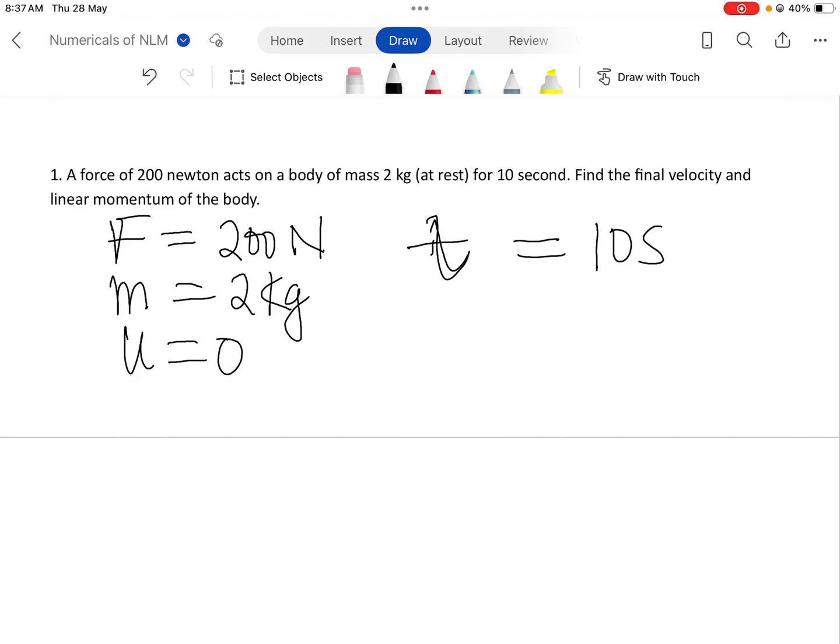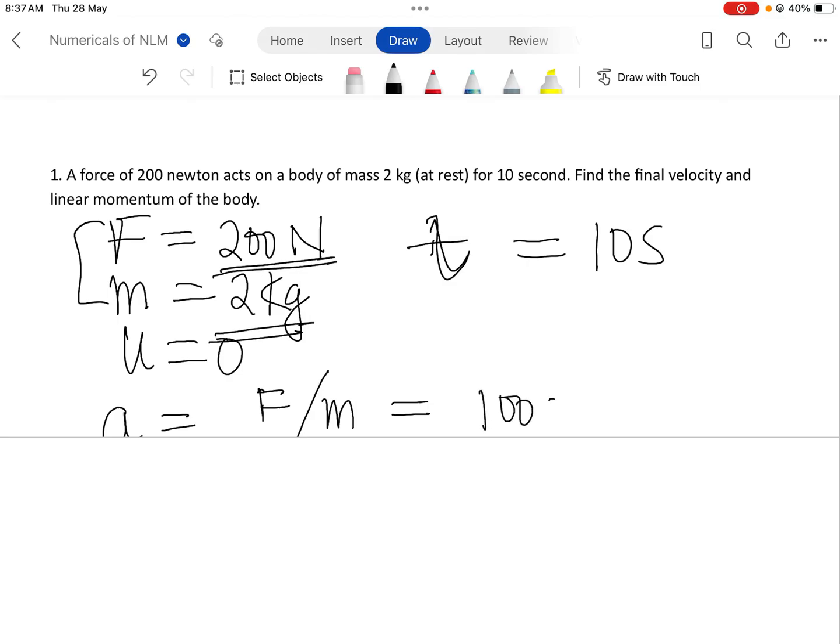Very simple. By using these two, you can find acceleration. What will be acceleration? Force upon mass. Force is 200 Newton, mass is 2 kg. 200 upon 2, that is 100 meter per second square.